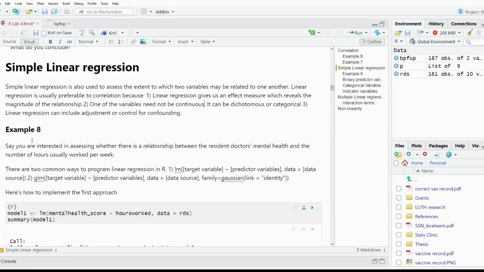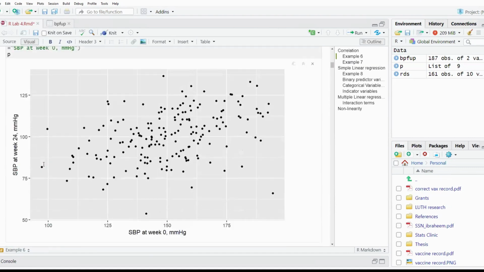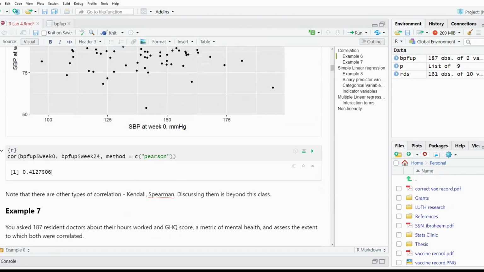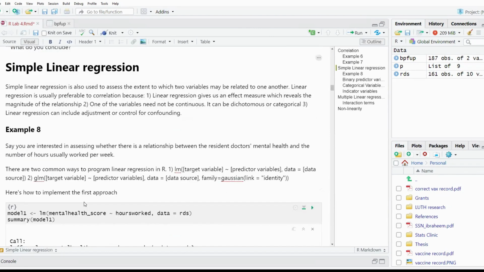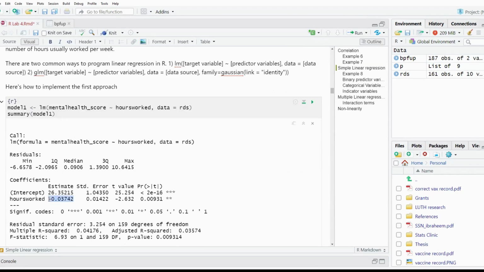The coefficient that you obtain in a correlation is called a rho. It's a correlation coefficient. But in regression, the estimates that we get are called the beta coefficients.